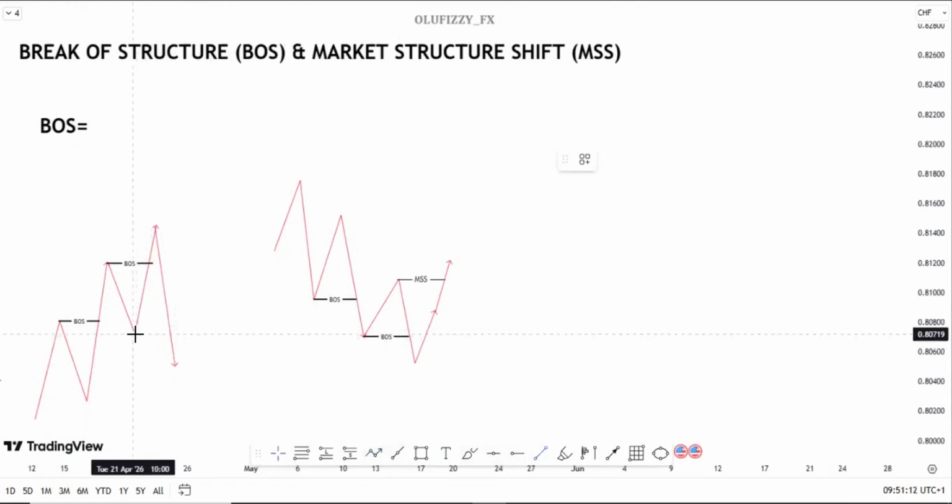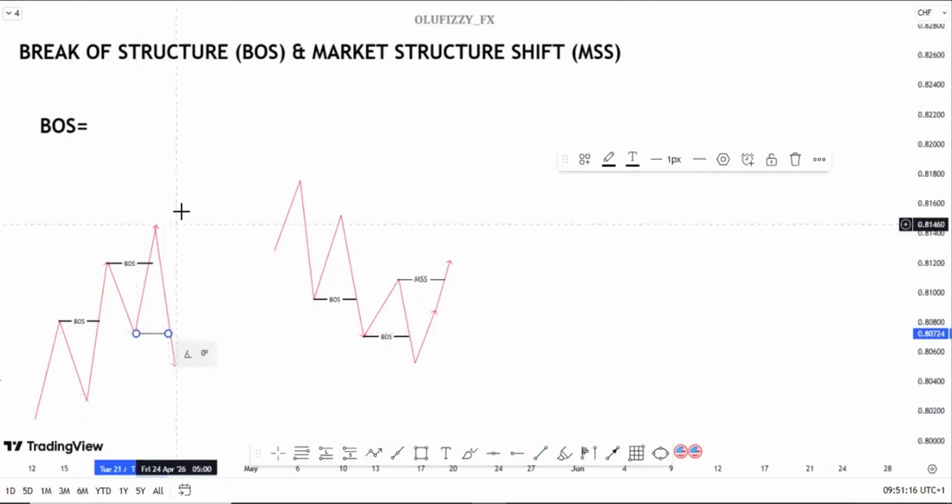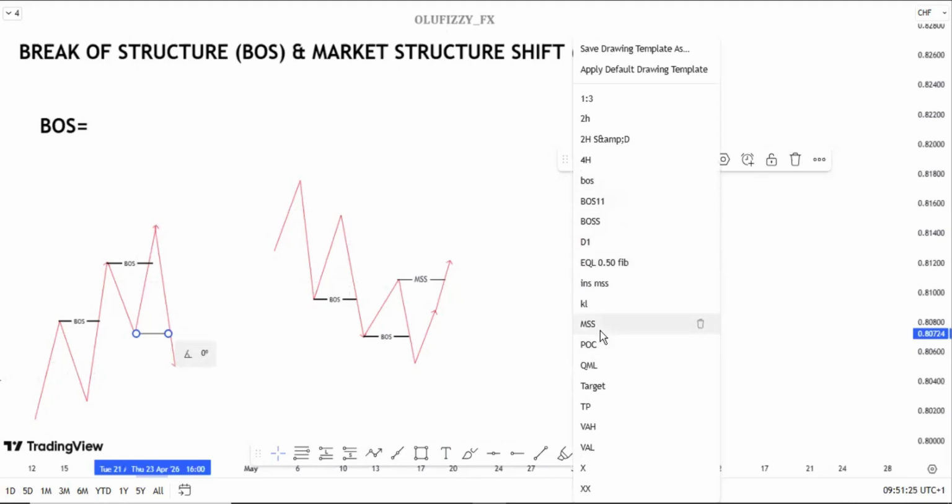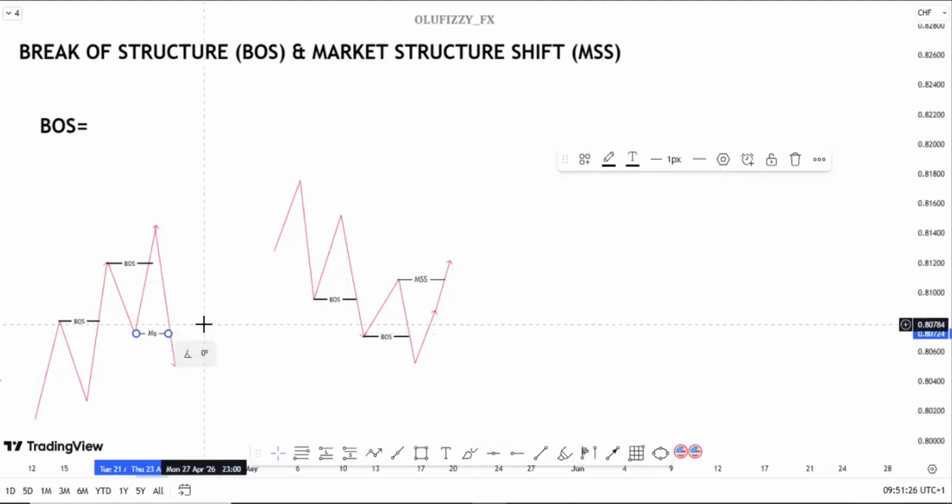It signals that the trend might change from this bullish trend to a bearish market condition. It doesn't signify a trend change, but it signals a possible trend change.